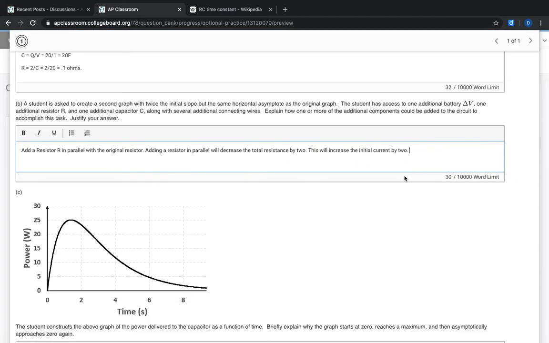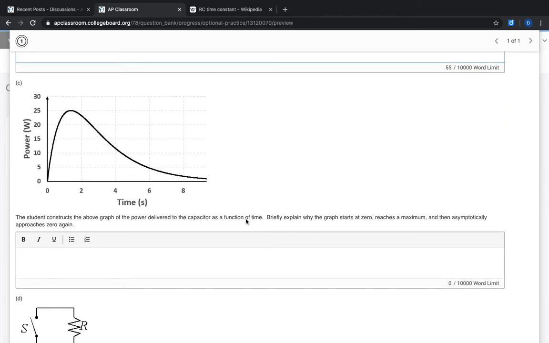And so we can say here that the total charge is not affected because the final voltage of the capacitor is equal to the battery voltage, and the capacitance is not changed. So that's it for that.